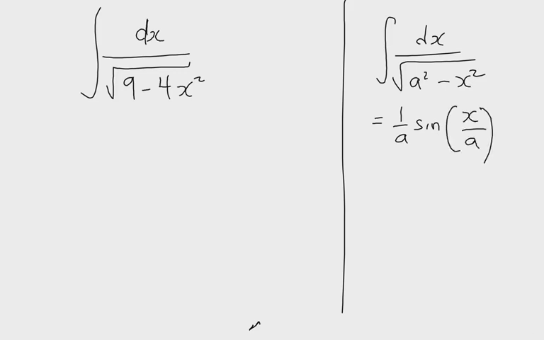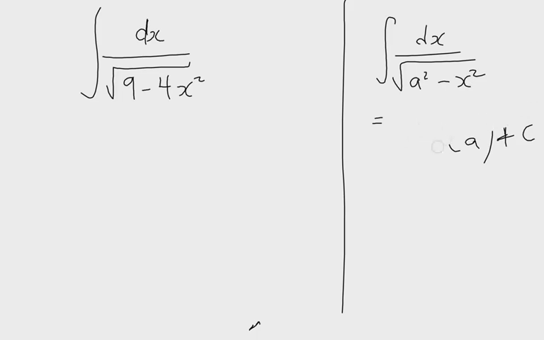Okay, and that's what that is going to give us. So since it has been compared, no, there will be no 1 over a here, so it's just going to give us sine x over a plus 6. It's arc sine rather.